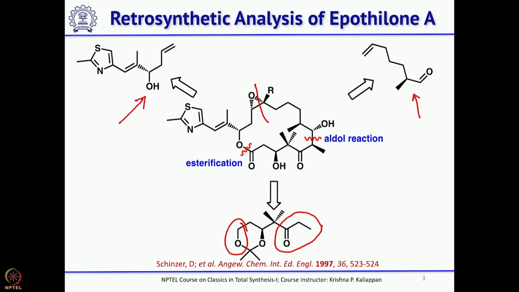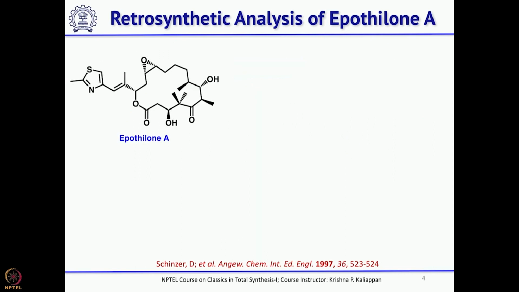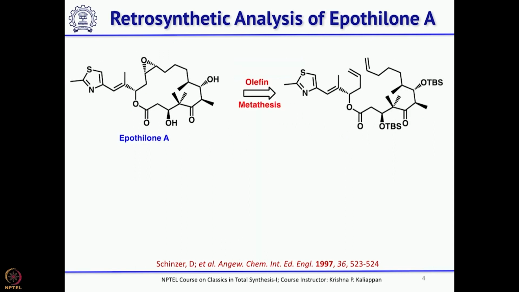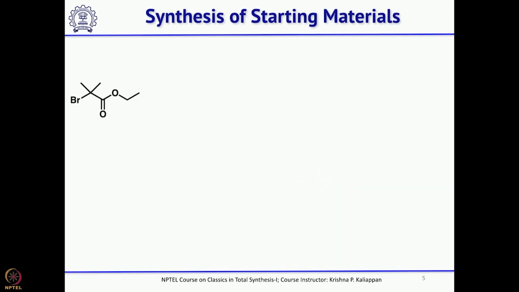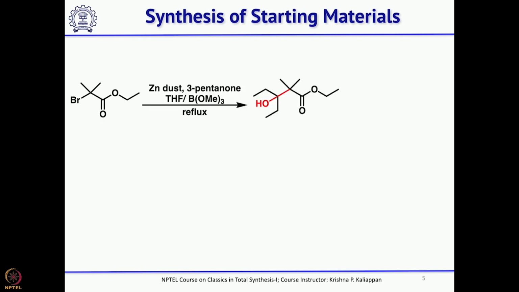Okay. Now, these three fragments were synthesized using the standard asymmetric route. Now, let us see one by one how his group synthesized all the three fragments. Okay. First, he carried out a Reformatsky reaction on this ester with 3-pentanone.